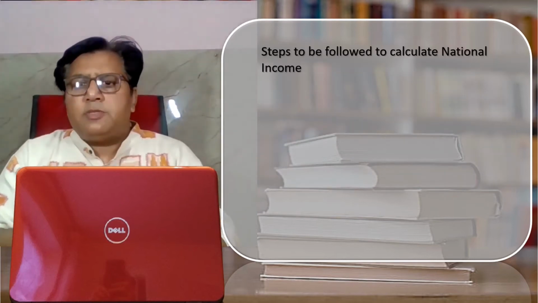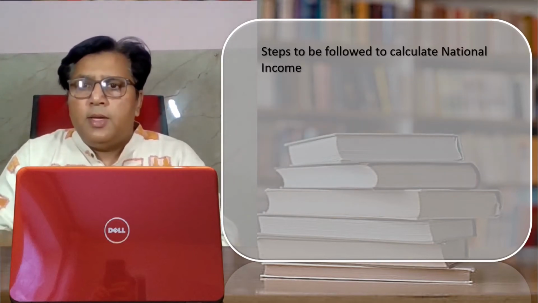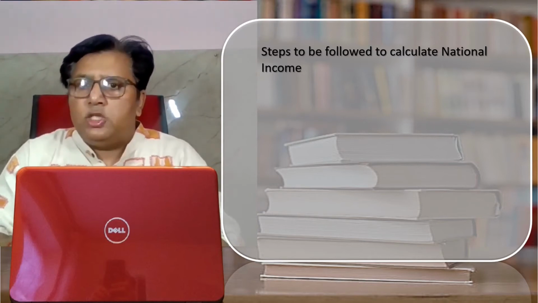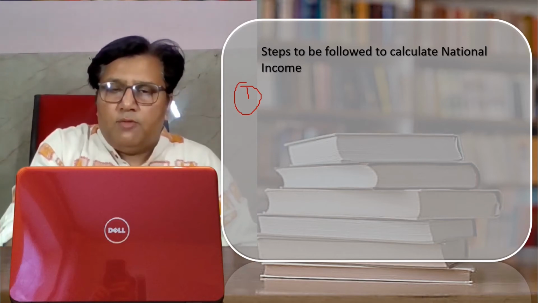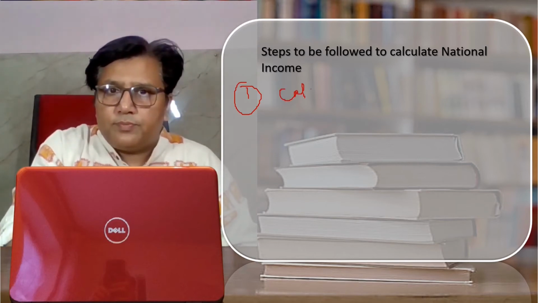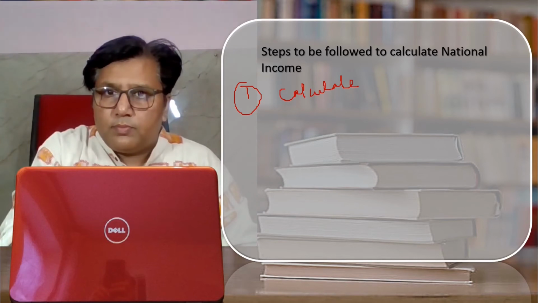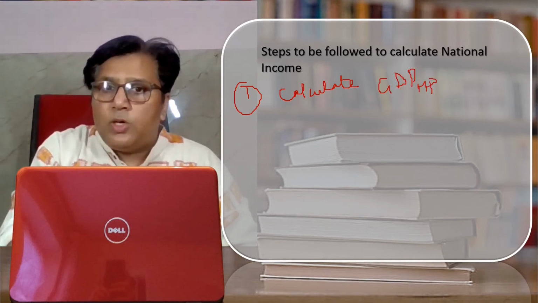Now let us see the steps that we follow to calculate the national income by opting the expenditure method. The first step that we follow is we calculate the GDP-MP. The question is how to calculate the GDP-MP?